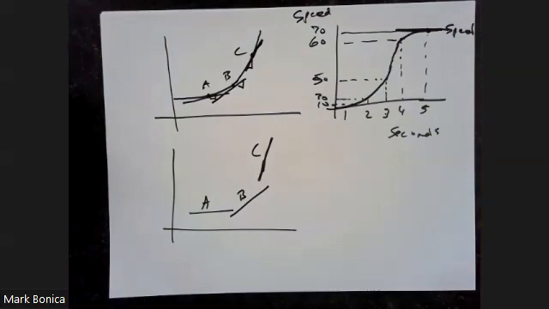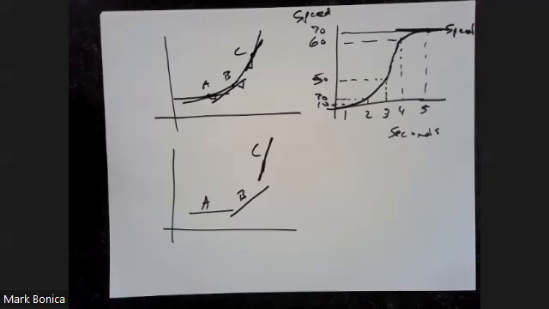So from 0 to 1, my acceleration is 10. From 1 to 2, my acceleration is 20. You get it? From 0 to 1, I go from 0 to 10, so at the end of second 1, I'm now at 10. My acceleration in the first second was 10 miles an hour. From 1 to 2 seconds, I go from 10 to 30, that's 20.